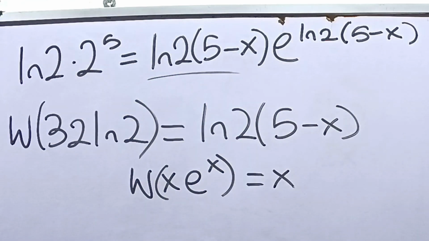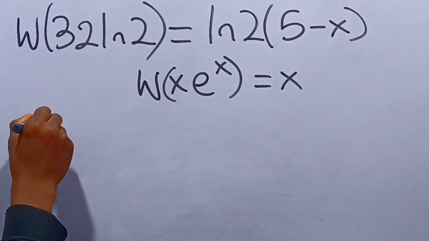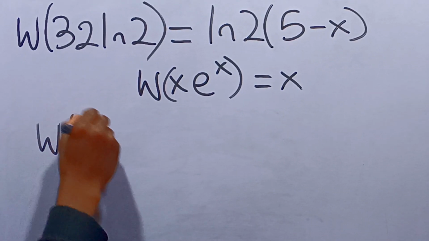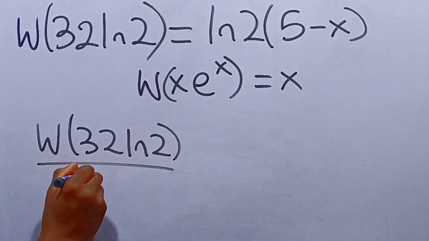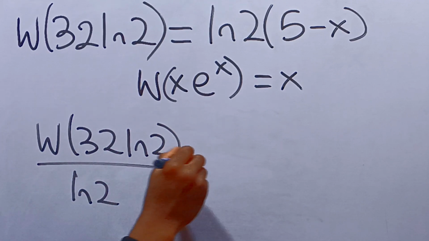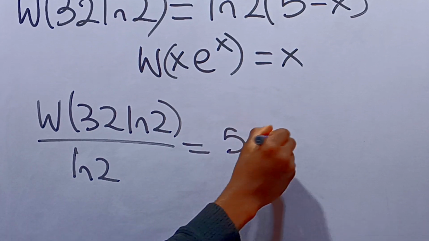Now, moving on from here, we can divide both sides by ln of 2. So we have that W of 32 ln of 2 divided by ln of 2 is equal to 5 minus x.